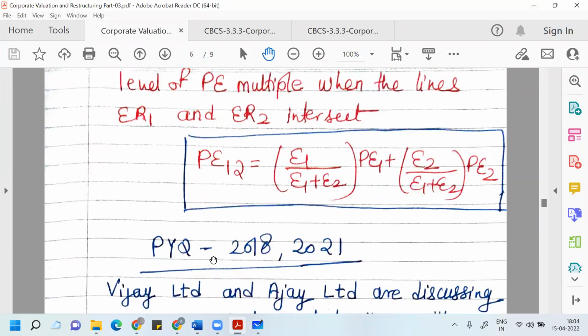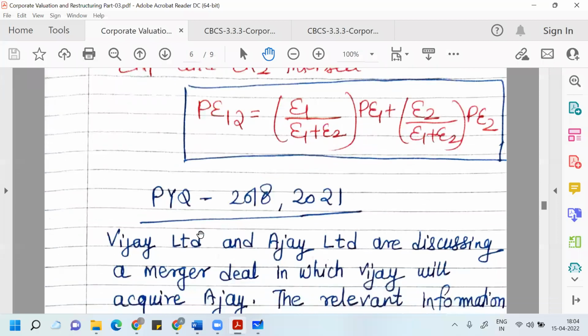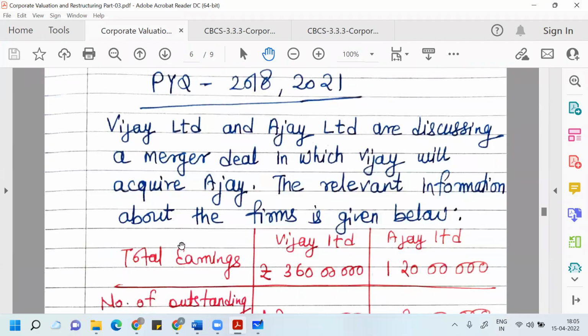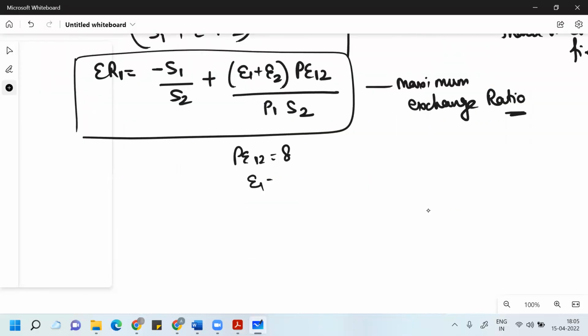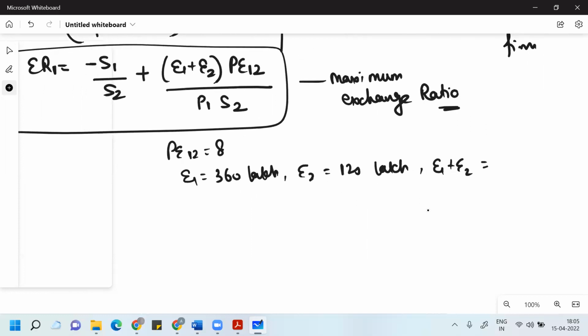E1 is 360 lakh and E2 is 120 lakh, so E1 plus E2 would be 480 lakh.